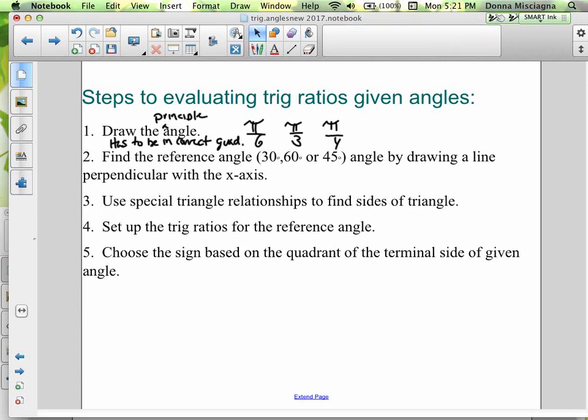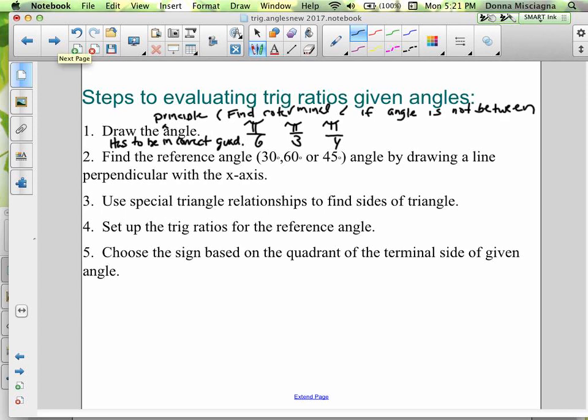And if the angle that you're given is not between 0 and 360, you'll have to find a coterminal angle first. So you have these steps in your notes. Just add the word principal in front of angle and find coterminal angle if angle is not between 0 and 360 degrees.